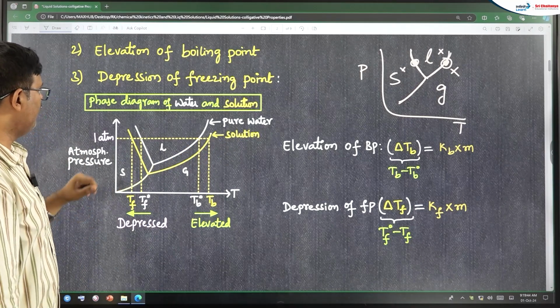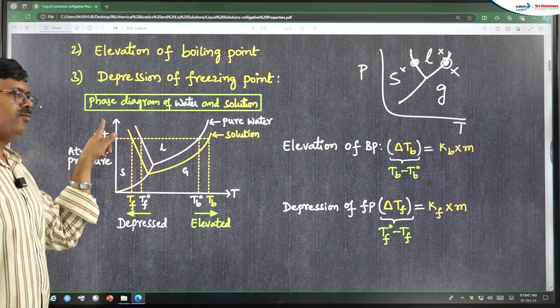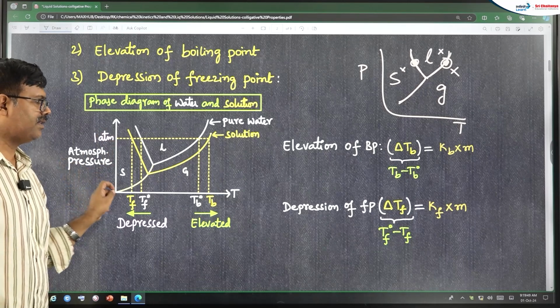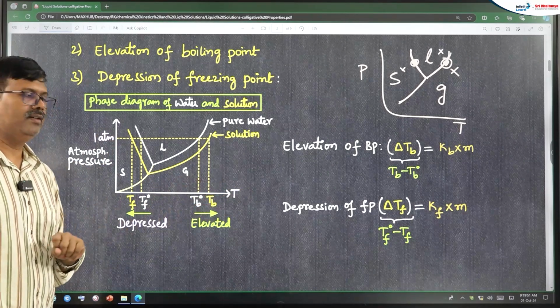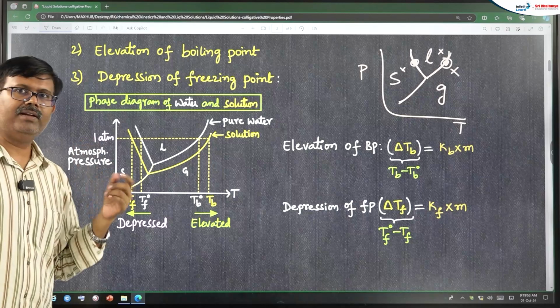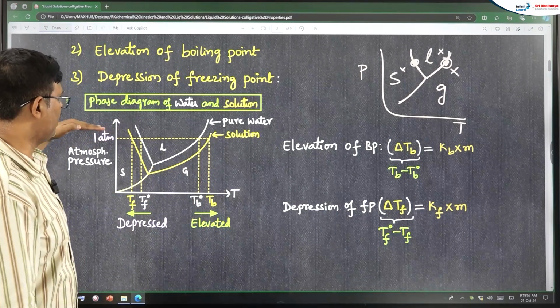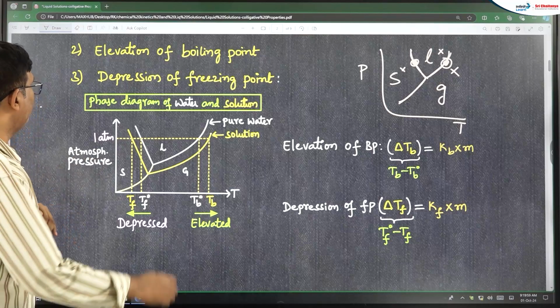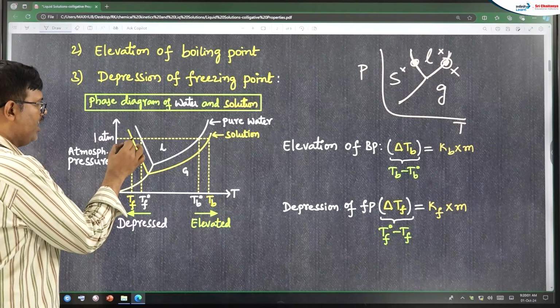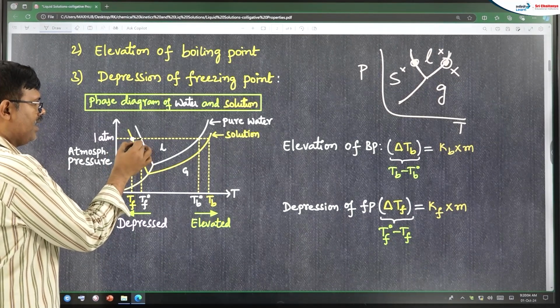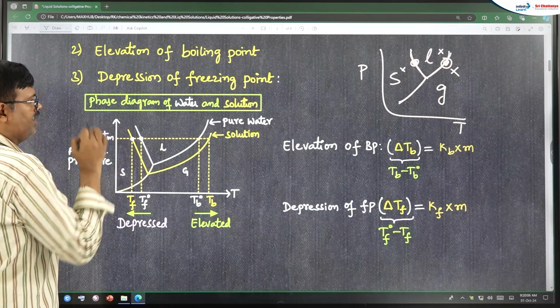Now here, the y-axis is what? Atmospheric pressure. The x-axis is what? Temperature. Now, what is the normal atmospheric pressure? 1 atm. So let's take the 1 atm horizontal line. It touches the yellow line at this point, whereas the white line at this point.